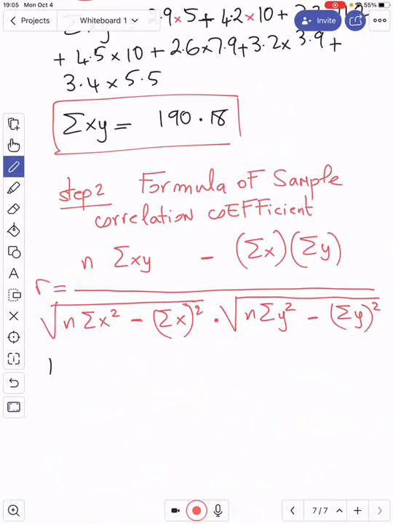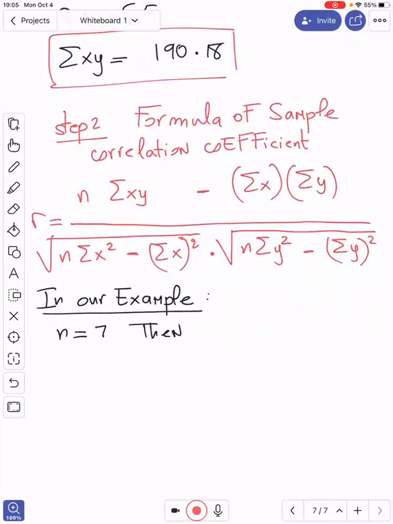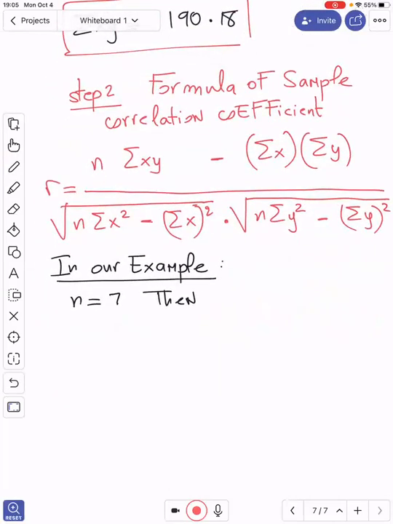So then R is going to be equal to N, which is 7, times the sum of XY, which we said is 190.18.